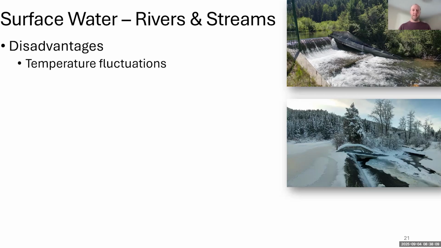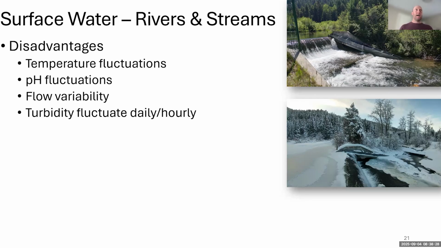More temperature fluctuations, just because it's flowing all the time, quicker changes, more pH fluctuations, flow variability depending on the day, the month, the year, all kinds of different changes that happen pretty regularly.